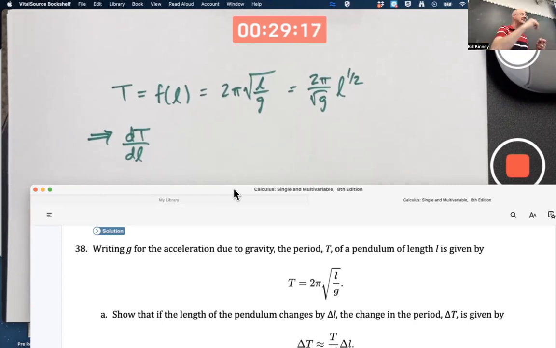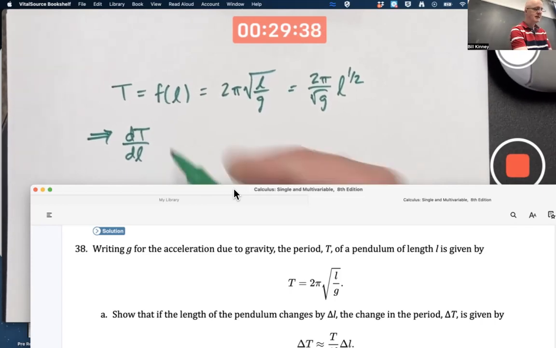You would think about this if you imagine changing the pendulum, changing the length of the string it's attached to, or the rod. Maybe you make it slightly longer. You do a new experiment, calculate the new period. This is telling you how fast that period changes as L changes.